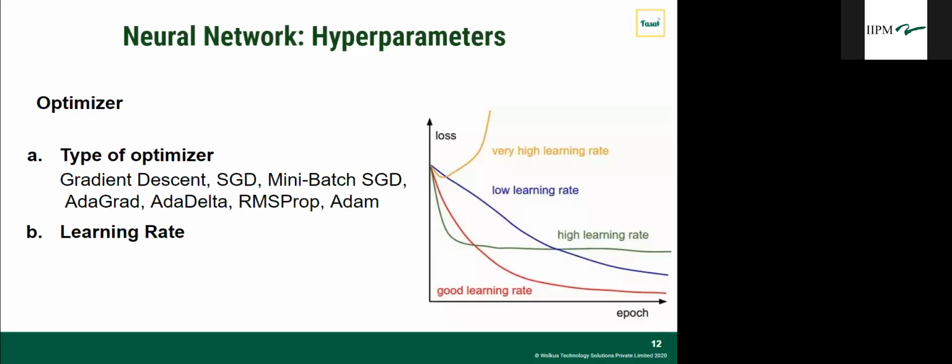So a good learning rate should not be very low and shouldn't be very high. Sometimes we use a decay rate. To begin with, we use a higher learning rate, and we say that after each iteration, the learning rate should decay at rate X, whatever decay rate you mention. That way, towards the end of your iterations, your learning rate reaches the optimum rate.